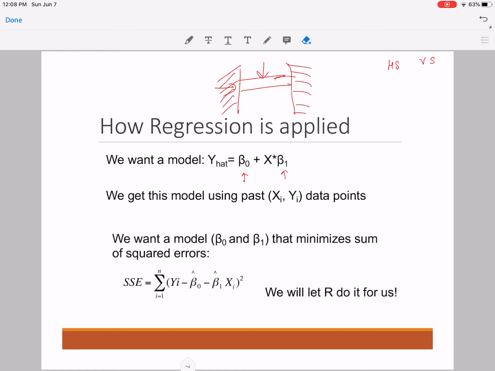This is variable capital X1, this is variable capital X2, and the values here are x1a, x1b, x1c, x1d, and here I have values x2a, x2b, x2c, and x2d.